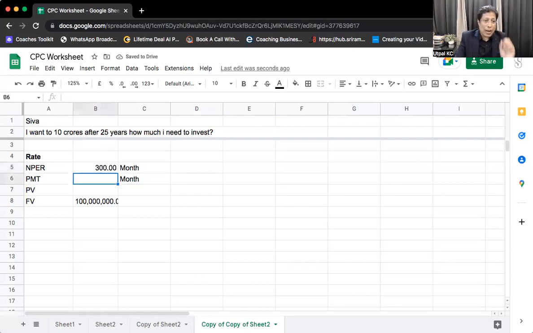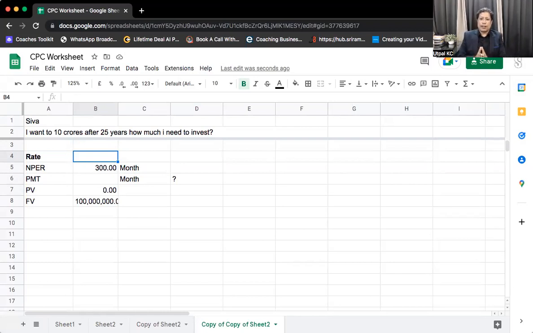Now we need to find out PMT. This is our problem. Present value is 0, no lump sum. Now we need the rate. You must have an idea where you are going to invest. This is the big challenge: education is needed to decide this rate. 14%, 10%?